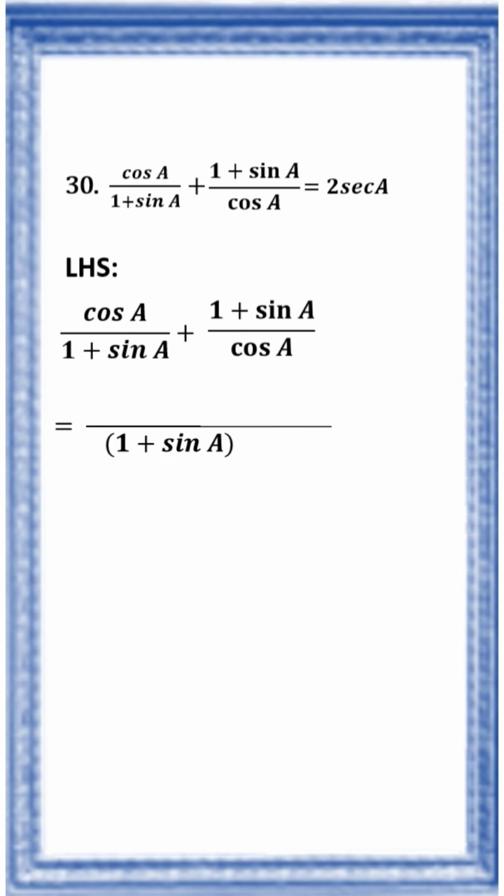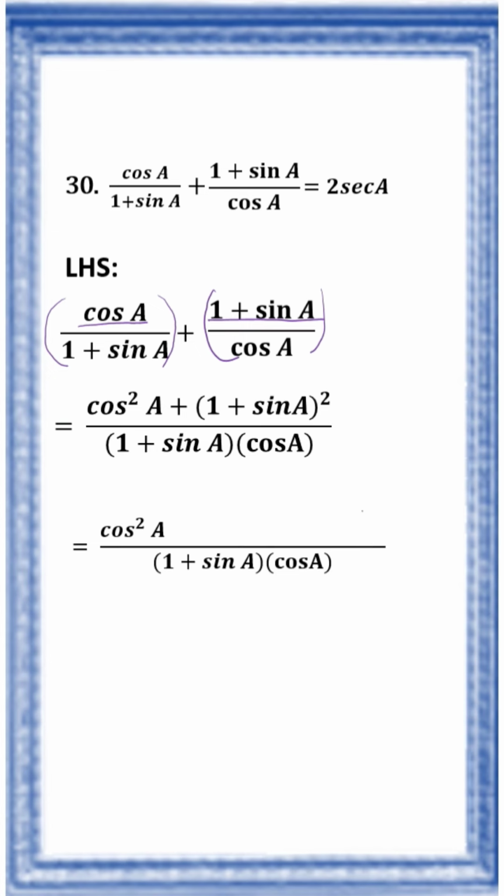Here the LCM is (1 plus sin A) into cos A. In the numerator, taking the LCM means you have to multiply this part with cos A, this part with 1 plus sin A. So in the numerator, cos A into cos A, that is cos square A, plus (1 plus sin A) the whole square.